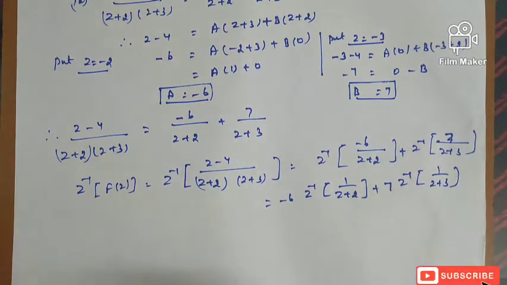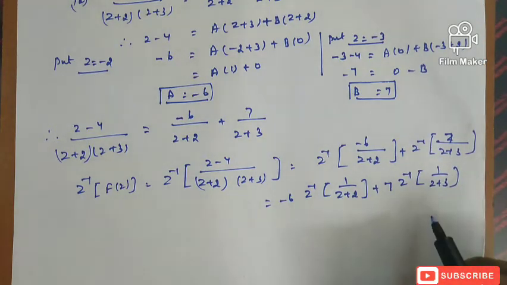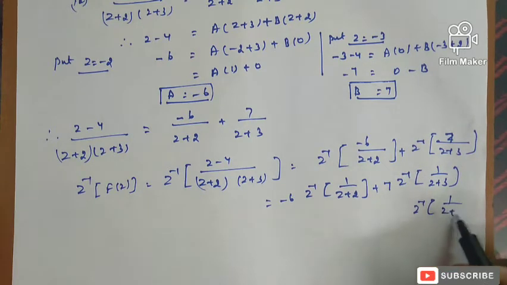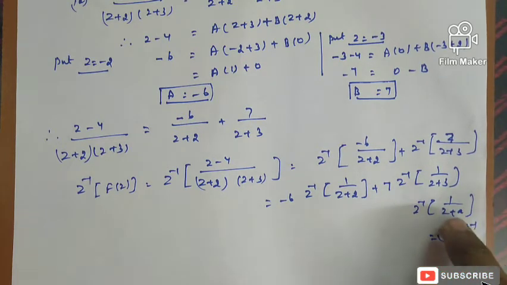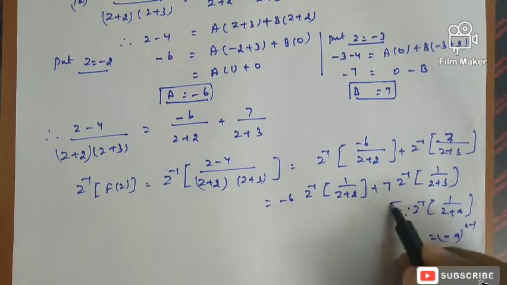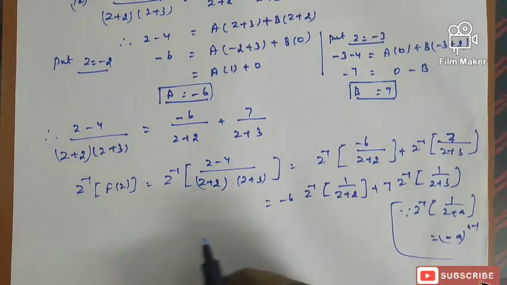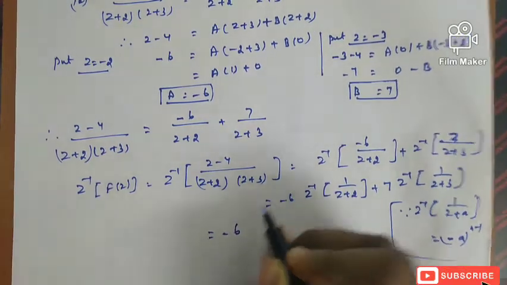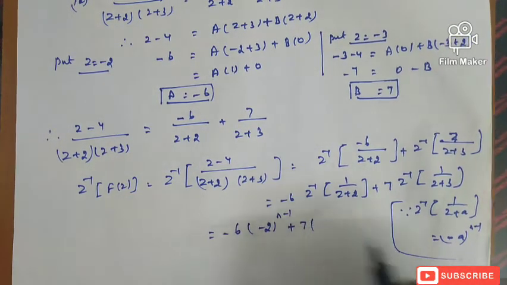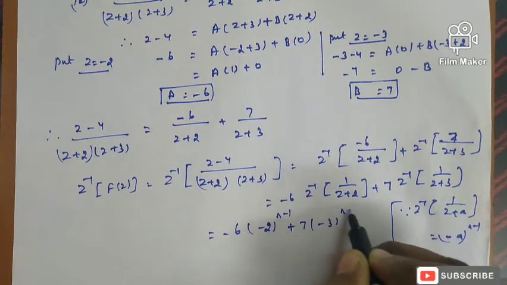Now we have a result under the Z transform. The result is: Z inverse of 1 by Z plus a is minus a power n minus 1. Now in the place of a we have 2. Applying this result, this can be written as minus 6 into minus 2 power n minus 1 plus 7 into minus 3 power n minus 1.